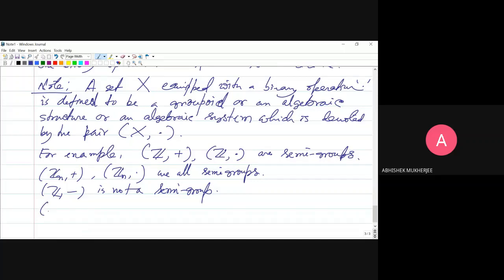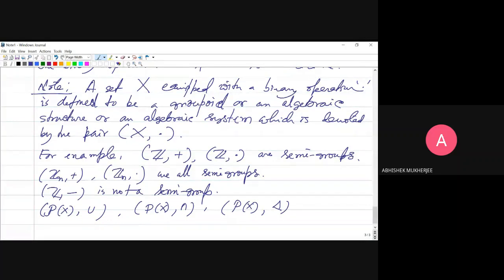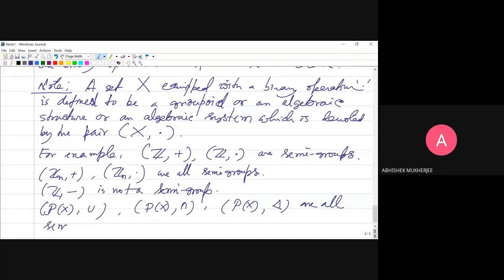Also, for the case of the power set P(X), P(X) with respect to union, P(X) with respect to intersection, P(X) with respect to symmetric difference are all examples of semigroups. So there are many examples you have come across.